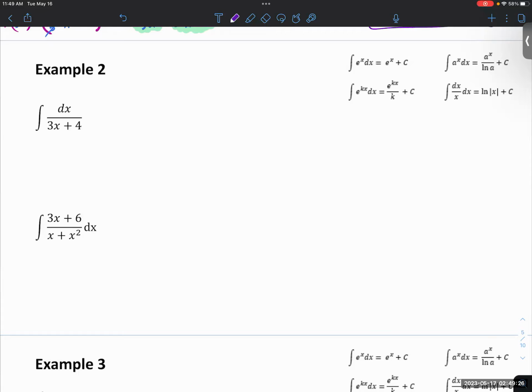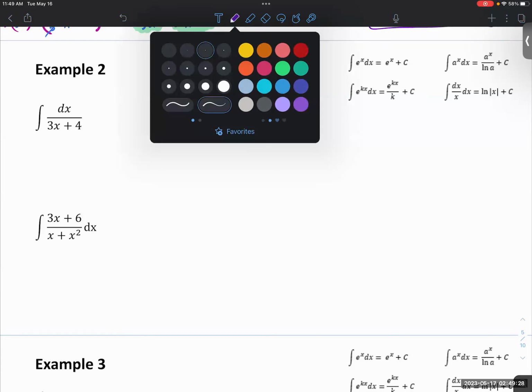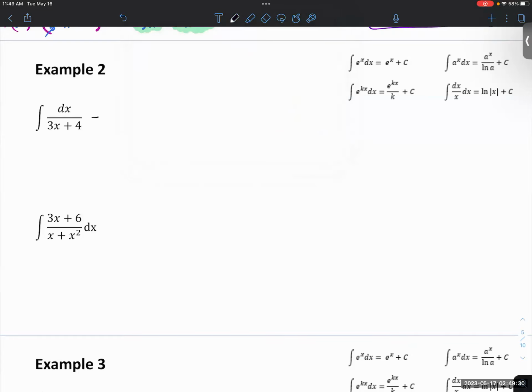It's 1 over 3x plus 4. So when I look at this, let's modify it a little bit. This means the integral of 1 over 3x plus 4 dx. Okay, I don't see the exponential function or anything. So if you keep modifying one more step, you know that 1/x is the same as x to the -1. Do you remember from pre-calculus?